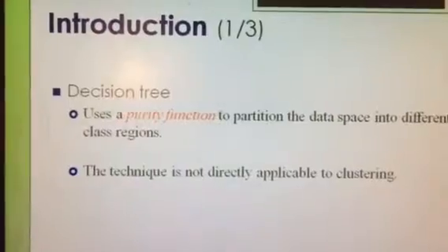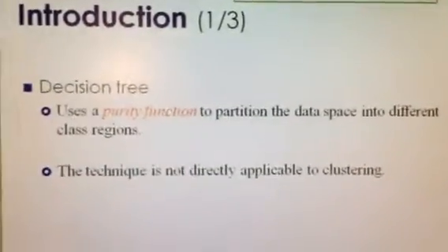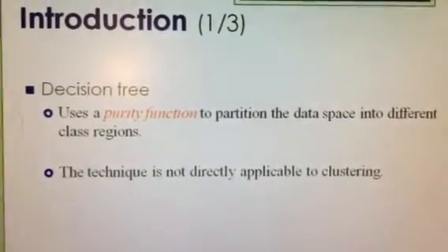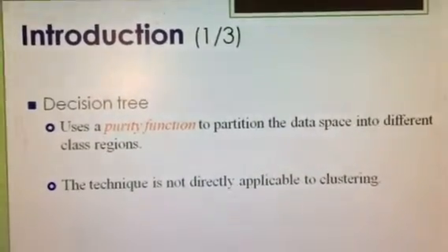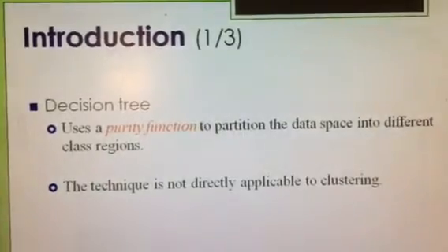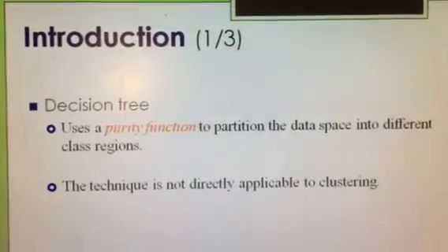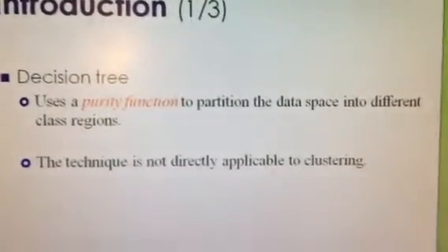The introduction is that we're going to see what a decision tree is, that is the data. How do you build a tree based on the kind of data collection or the data mining you're trying to do or extract.